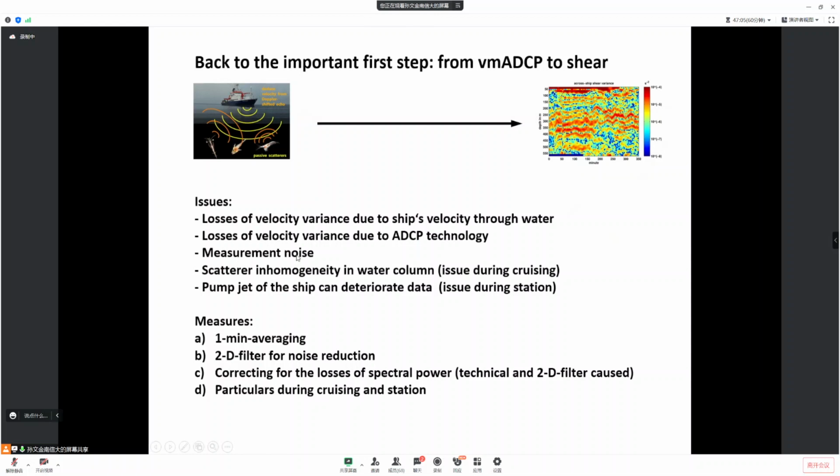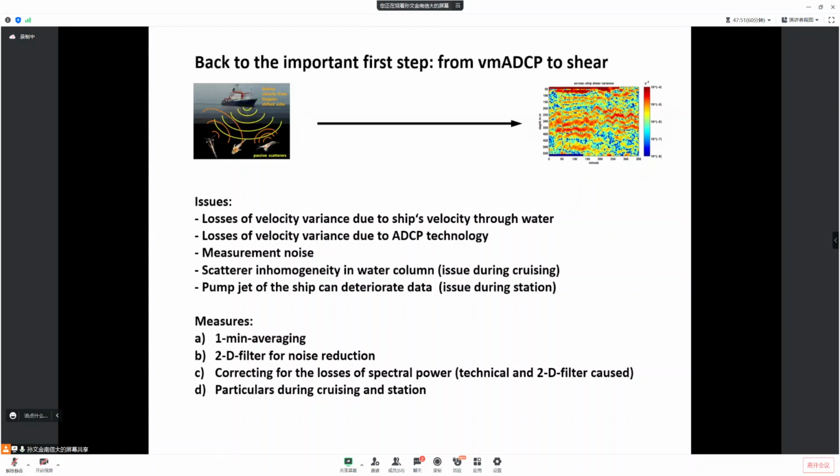We have measurement noise, of course, and we have some extra issues sometimes because of scatterer inhomogeneity in the water column, which is mostly due to the diurnal migration of the zooplankton. And sometimes we have issues with ship techniques because on station there may be a pump set or something which deteriorates the data or even destroys the ADCP data at all.